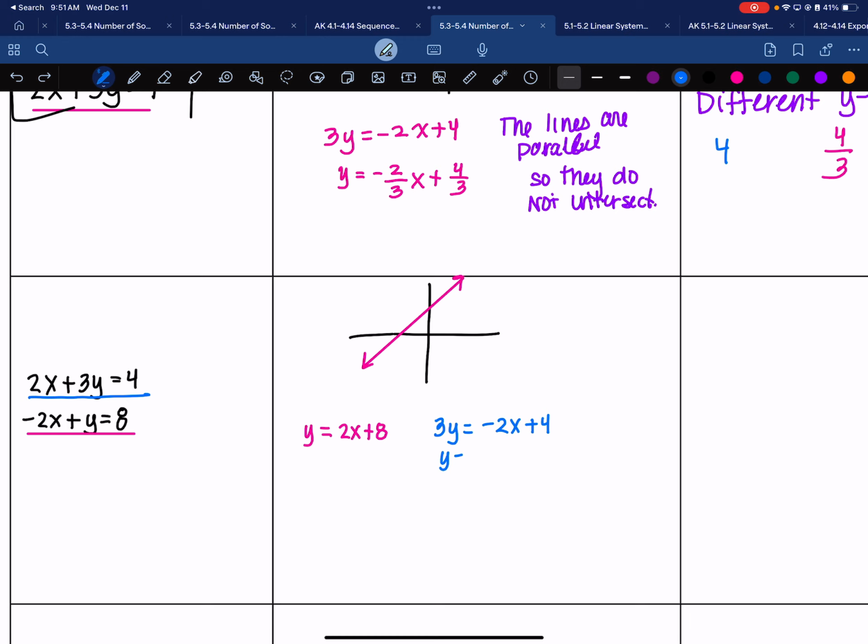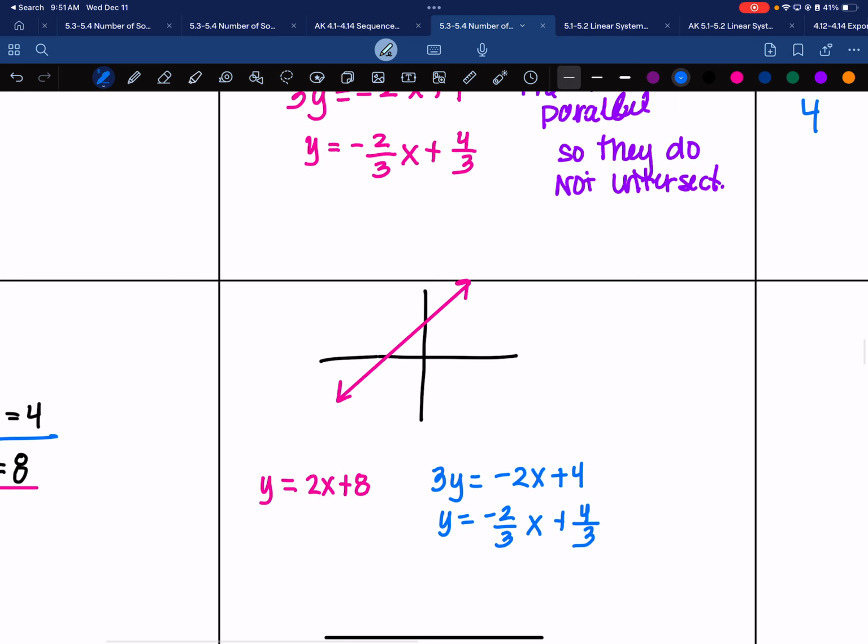Negative 2/3 x plus 4/3. Right? So are the slopes the same? No. What do you think that's going to mean for the graph? Okay, they're going to intersect at one point.